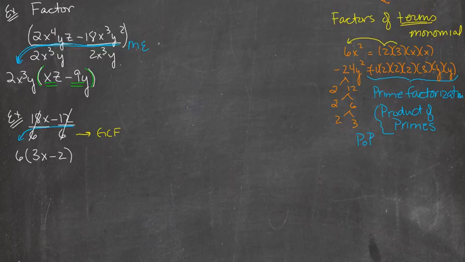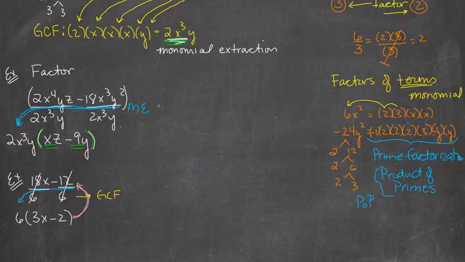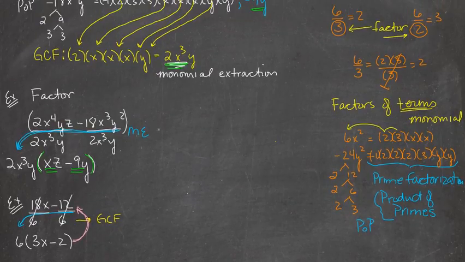Let's check it, and here's how I'd like you to check work. You're going to use a loop that starts from your final answer up to your original problem. And then we're just going to do multiplication, because just like with an integer, how do I know that 2 times 3 is indeed the factorization of 6? Well, if I multiply those two factors together, 3 times 2, did I get 6?